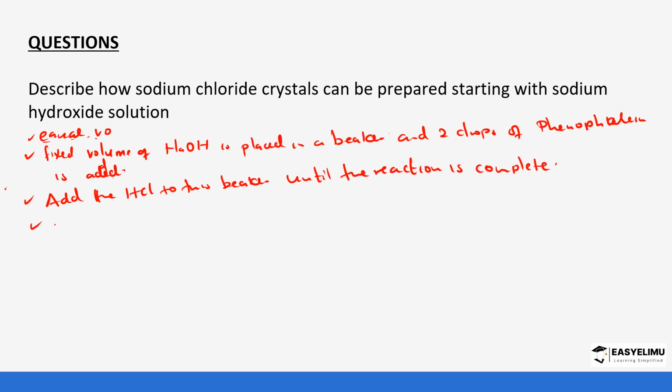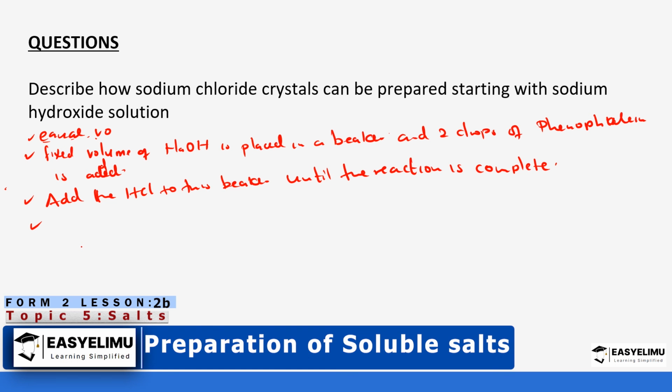So remember, we cannot use this mixture. Remember, we have the phenolphthalein, we have the acid and the sodium hydroxide and the new product. The new product is going to be water and sodium chloride. And remember, we still have phenolphthalein. So if we continue using this solution as it is, it's not going to give us the product we want.